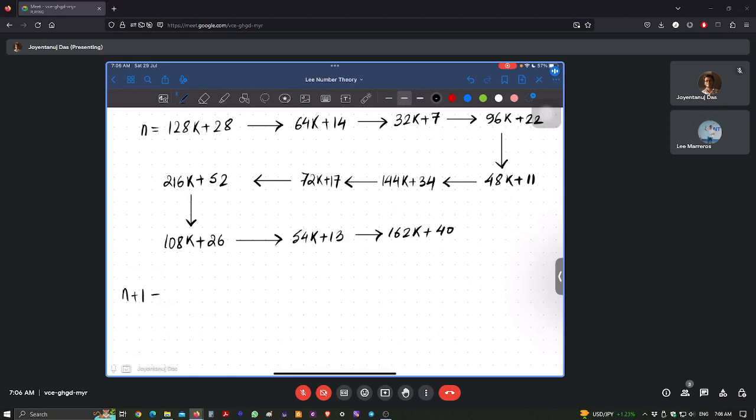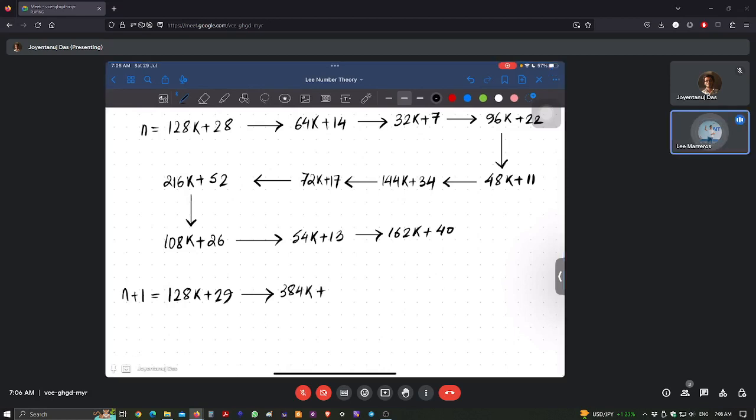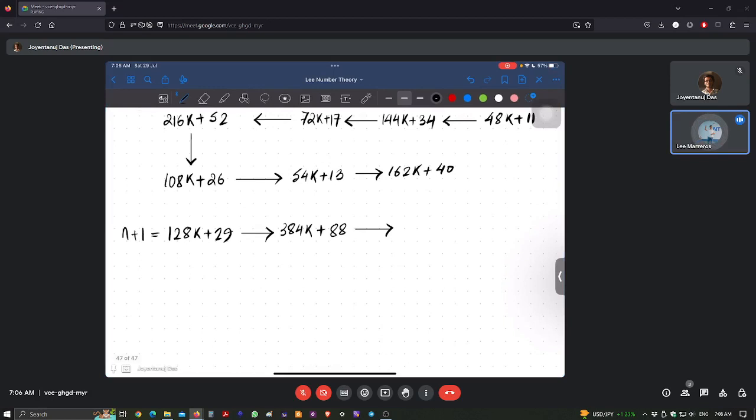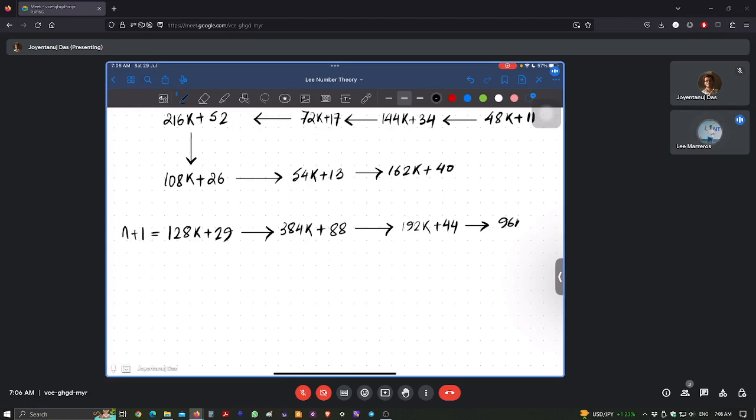So n plus 1 is 128k plus 29. It is odd, so it will be 3n plus 1: 384k plus 88. Then it is even, so 192k plus 44, then 96k plus 22, then 48k plus 11.